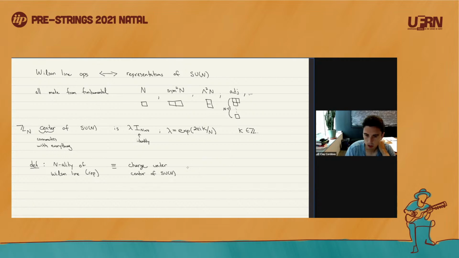You can also think of this as the number of boxes in the tableau modulo n. So just to be clear, the n-ality is something that lives in Z_n.